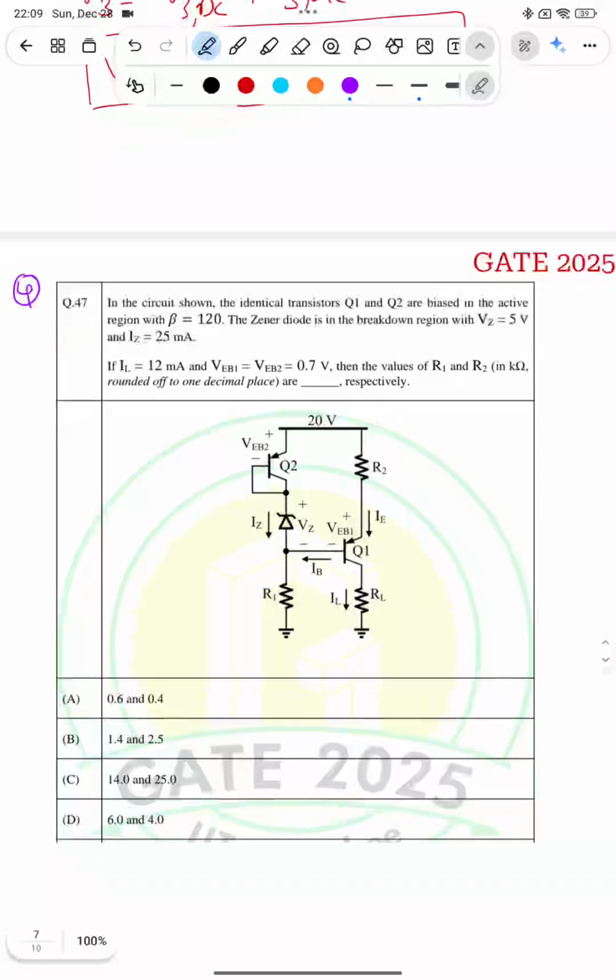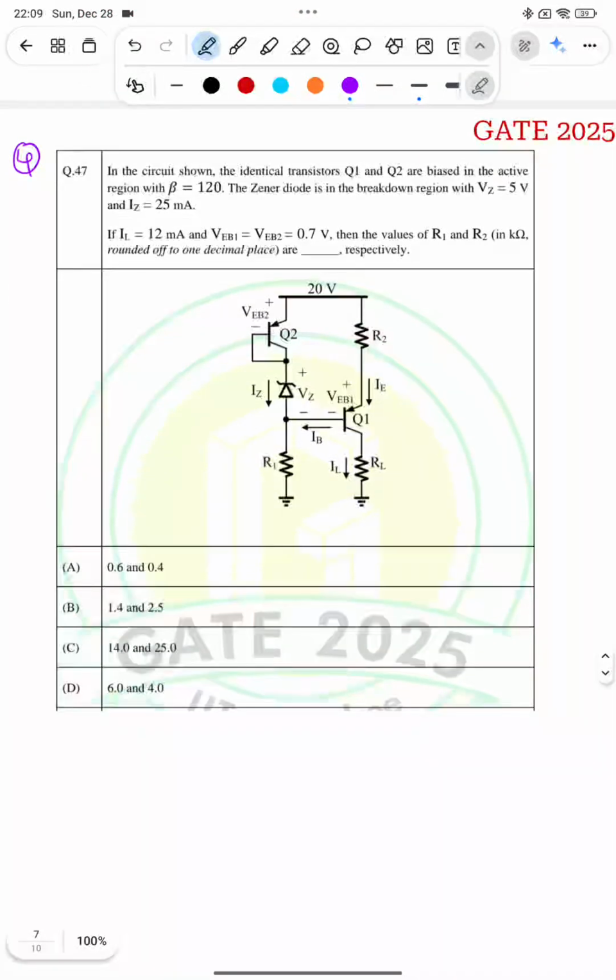Let us see the next question. Again, this is from GATE 2025. This question is a combination of BJT and the Zener diode, a regulator circuit.